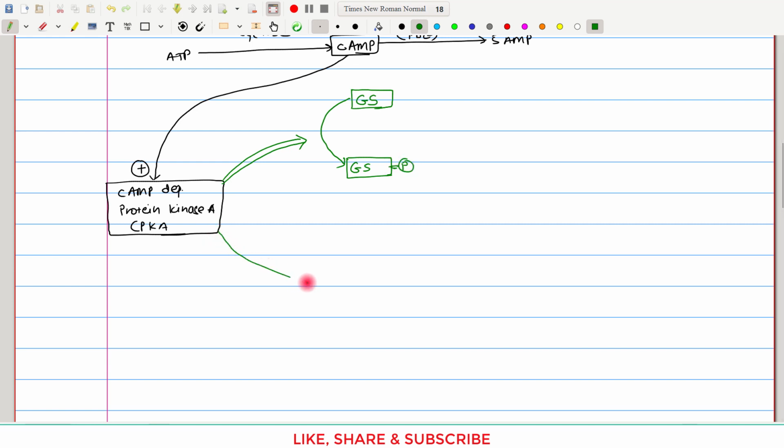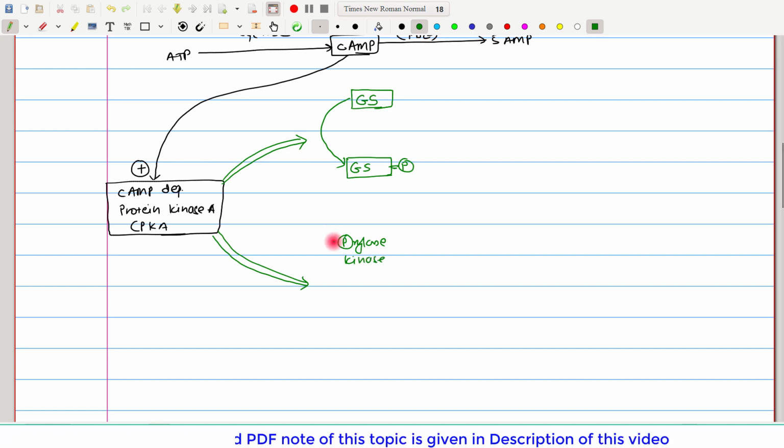Meanwhile, it also carries out phosphorylation of one more enzyme, that is phosphorylase kinase. So phosphorylase kinase, from its dephosphorylated state, gets converted to phosphorylase kinase in its phosphorylated form.